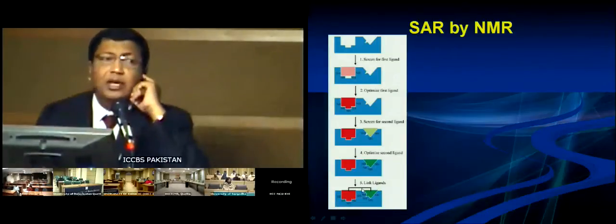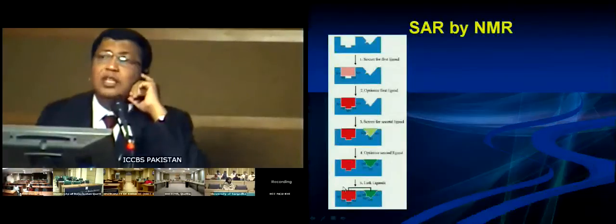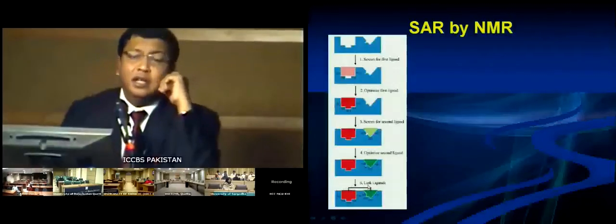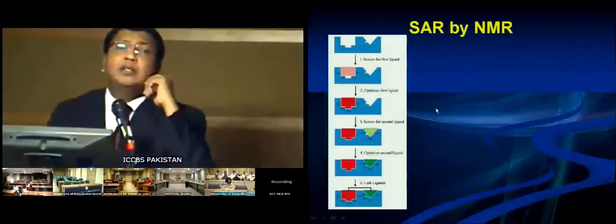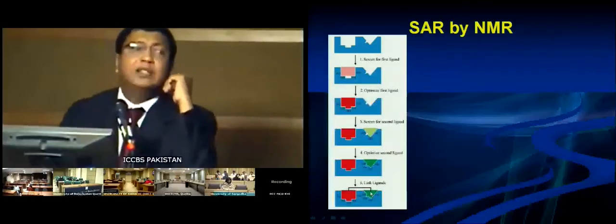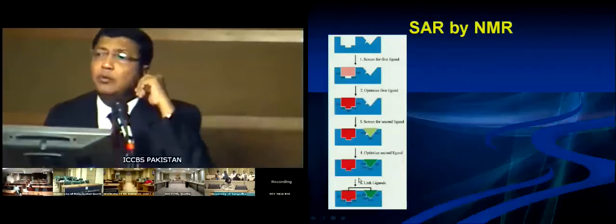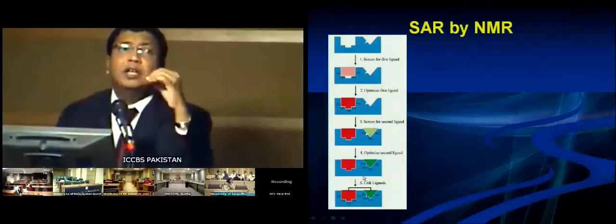They have been linked together with several carbons. So this becomes a single molecular entity. Initially there were two fragments which were optimized, grown, and then you link these fragments together into a single molecule which is strongly inhibiting the function of the enzyme.